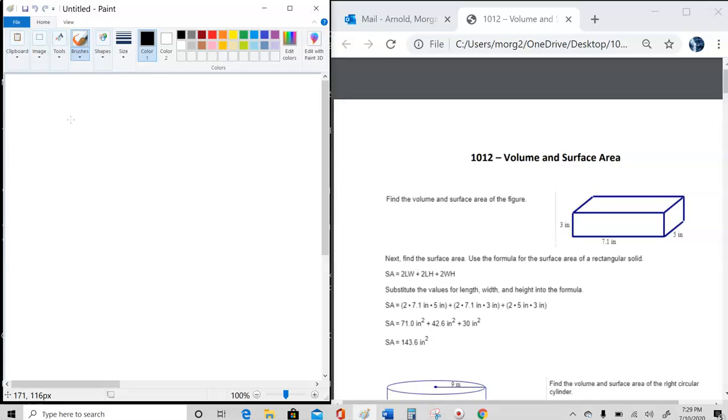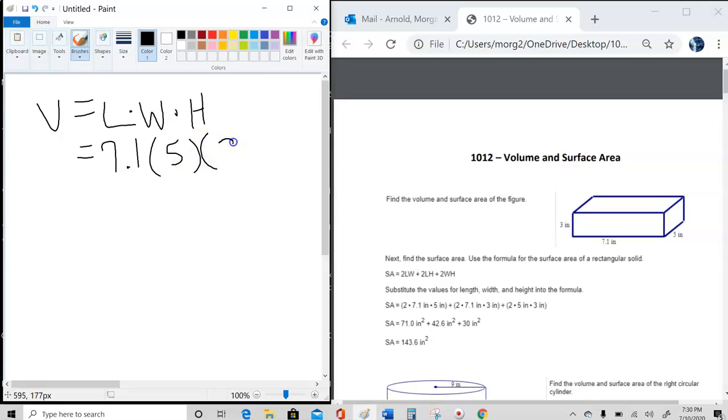The volume formula for a box is just simply length times width times height, in which the length here is 7.1 inches, the width is 5 inches, and the height is 3 inches.